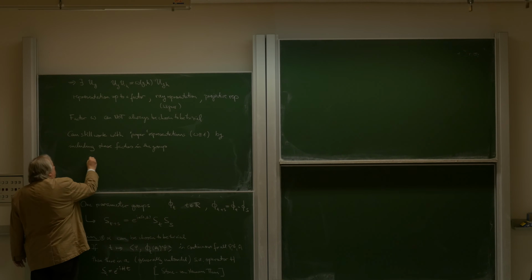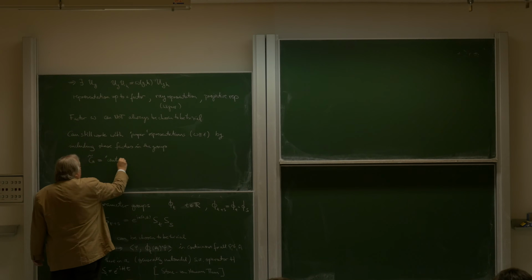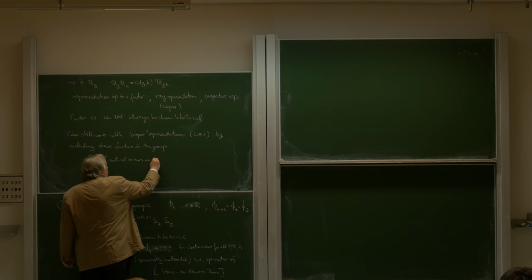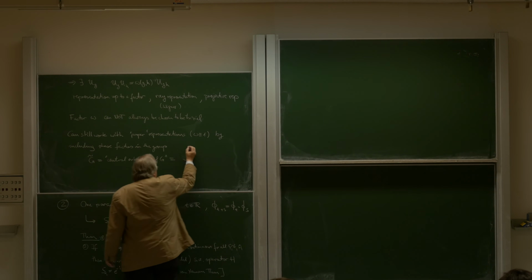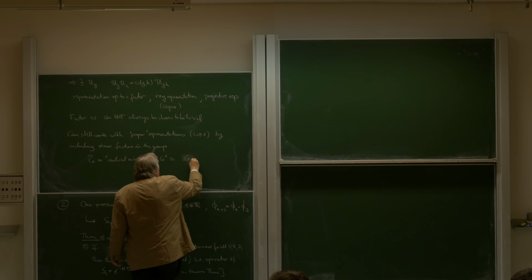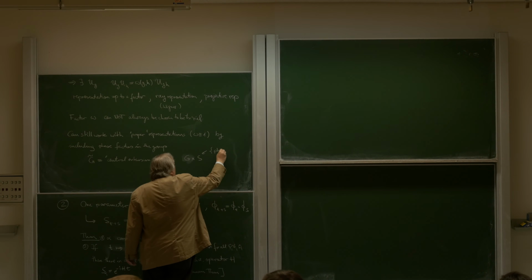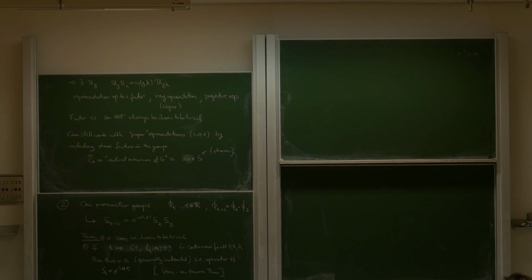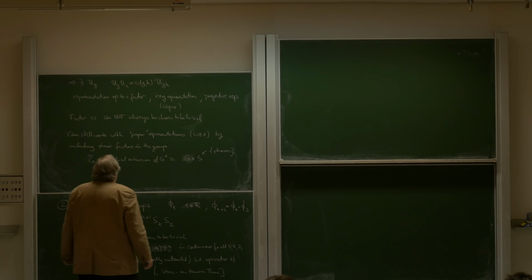So you go to another group, let's say G twiddle. This is a so-called central extension. This is basically just G cross S, where S is the set of phases. S here stands for circle, the unit circle in the complex plane.